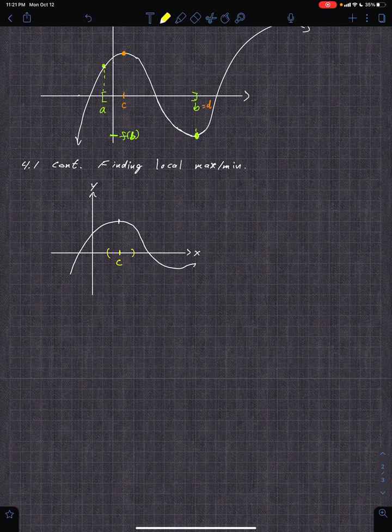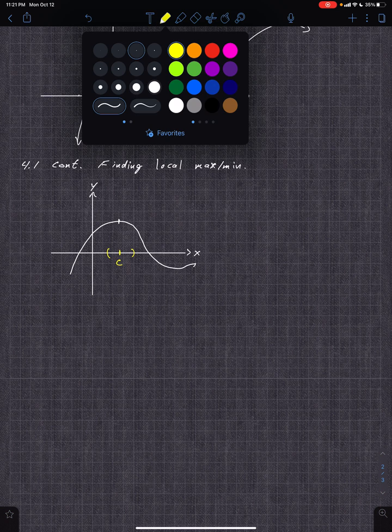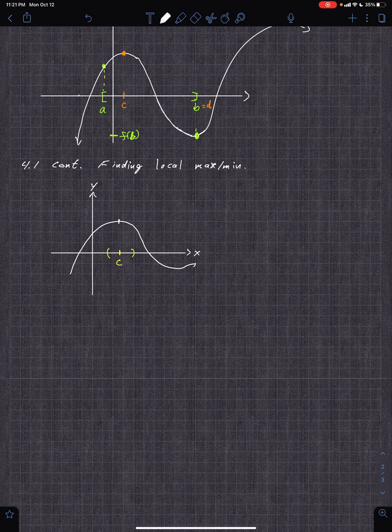So what's happening then is we can see that as you go from left to right, you can look at these tangent lines. The slope of the tangent line is positive here. And then as you go down the other side, the slope of the tangent line is negative.